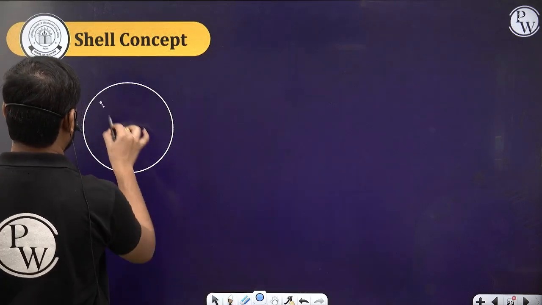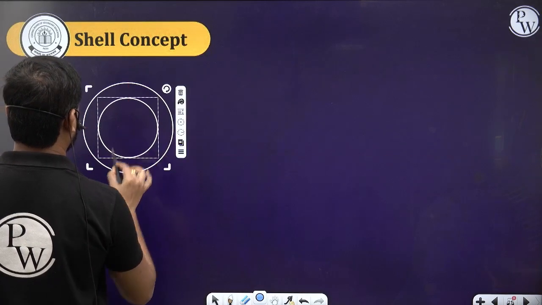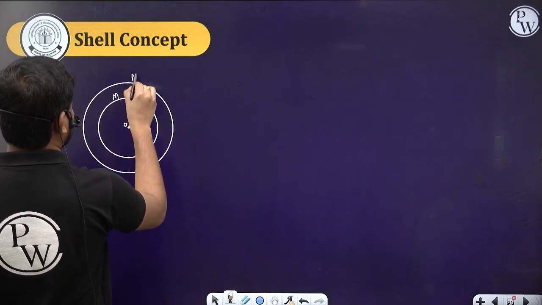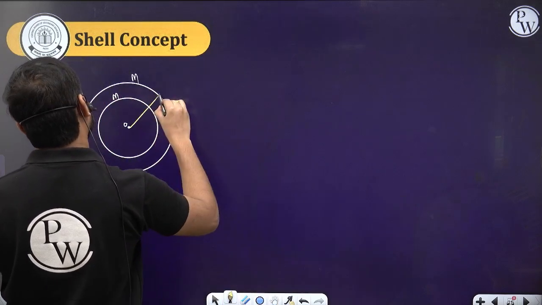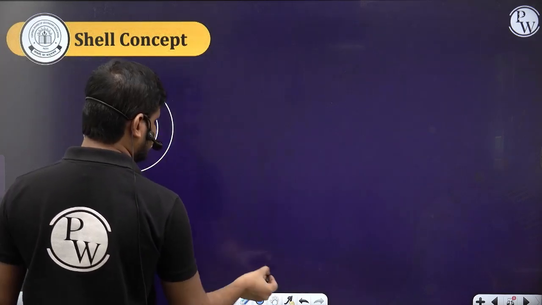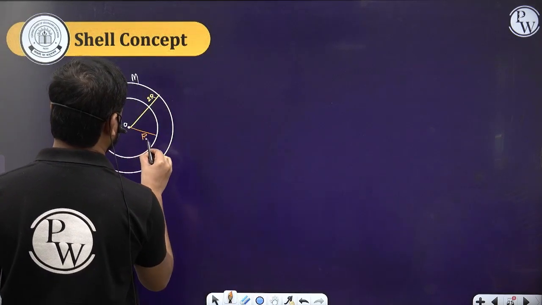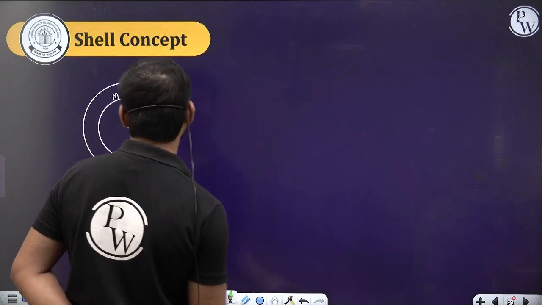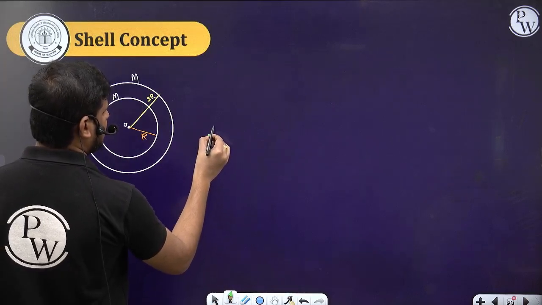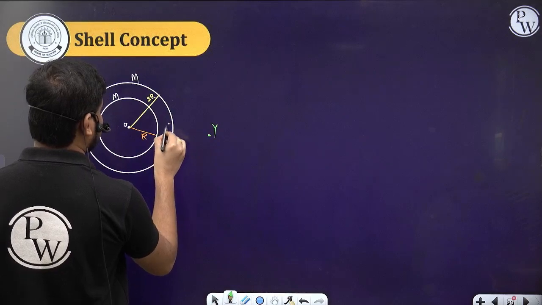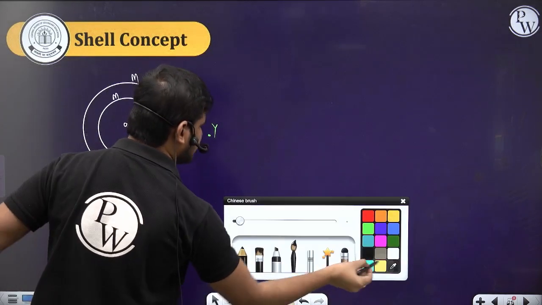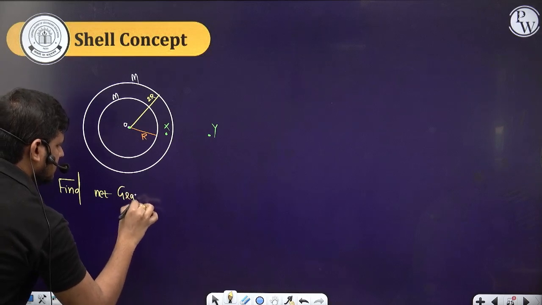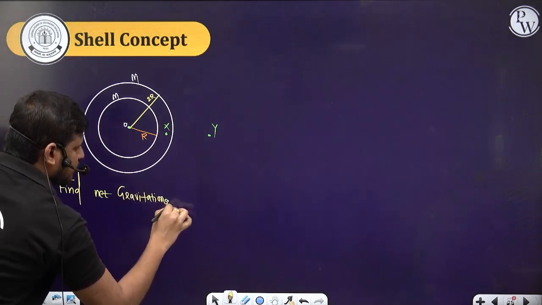So this is the center point O. This is of mass M and this is of mass M, and this has the radius 2R, and then this has the radius R. So now due to this shell, if I have to find the gravitational potential at some point Y here, and at some point X here, and at some point O. So my question is, I'll write the question. Find net gravitational potential.